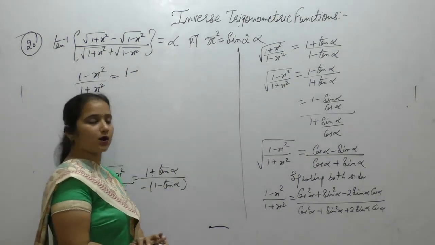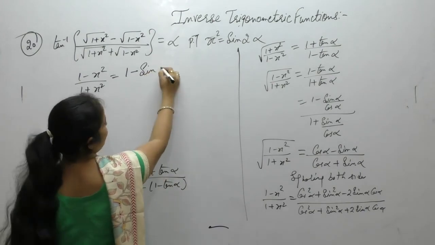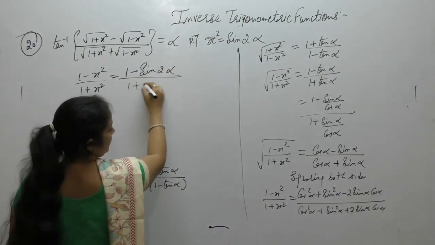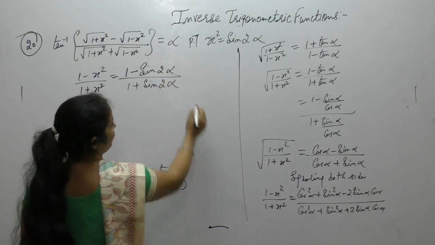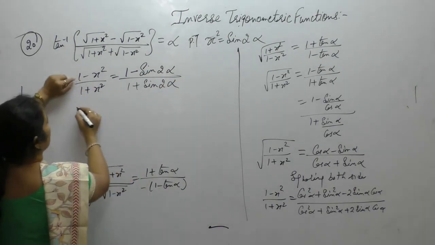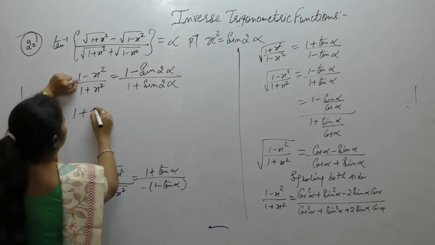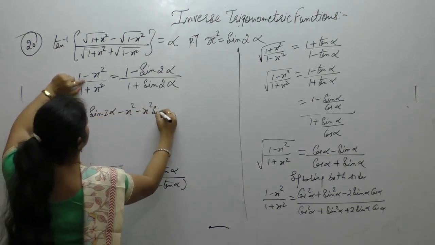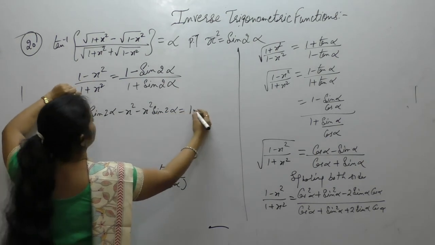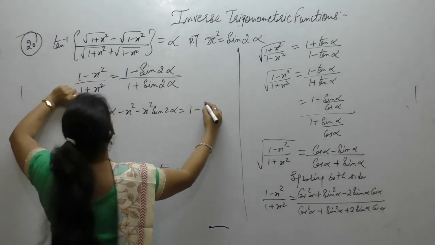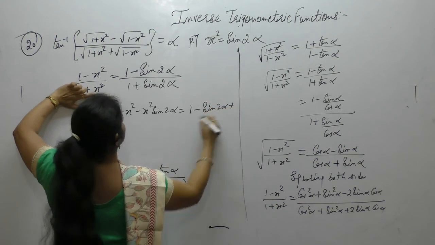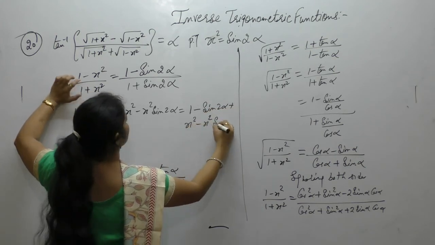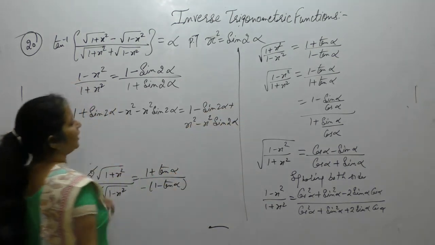2 sin x cos x is equal to sin 2x. So sin 2 alpha here, 1 + sin 2 alpha. Now cross multiply: 1 into sin 2 alpha minus x² sin 2 alpha equals 1 minus sin 2 alpha plus x² minus x² sin 2 alpha.